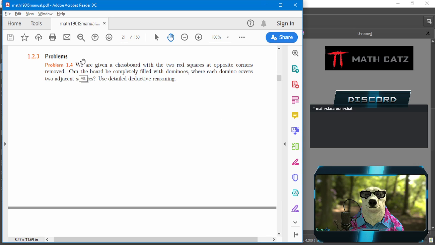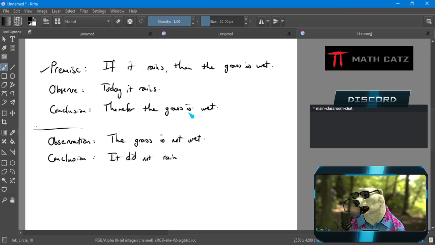What do I know about the board? Premise has to be a fact. If I'm able to do it, then there are certain properties once I remove these 2 corners. And when I think about the dominoes, perhaps the second part of my premise fails, which I can then use to conclude the opposite of the first part.